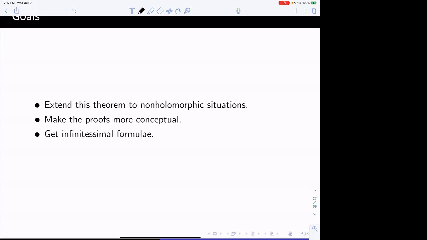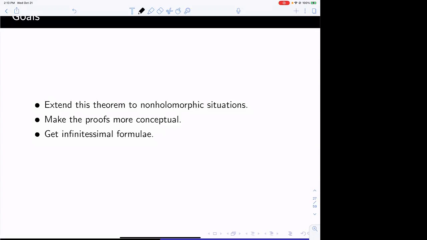In the analytic situation, of course, local and infinitesimal are more or less the same. But I want to extend this to smooth manifolds, not just holomorphic manifolds. I'd like to make the proofs more conceptual, and I'd like to get an infinitesimal formula for the residue, something like the formula of Bott in the case of holomorphic vector fields.